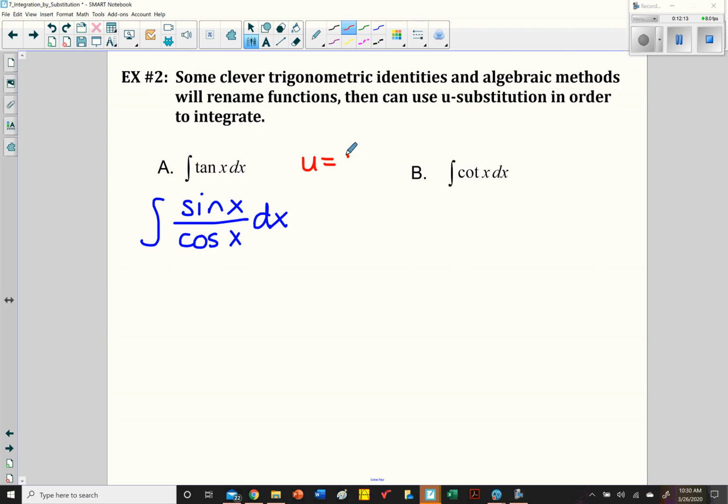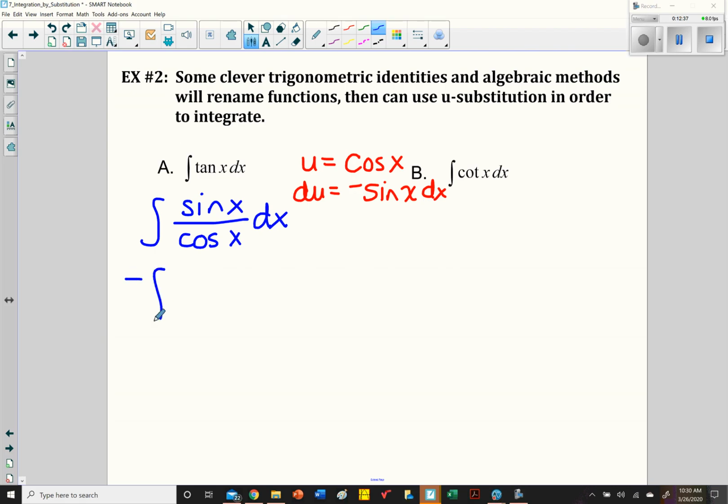The U-substitute would be our denominator, cosine. I said denominator, I'm starting to write numerator. Our denominator. The derivative of cosine is negative sine. The only thing we don't have is a negative, so that could easily be taken care of.